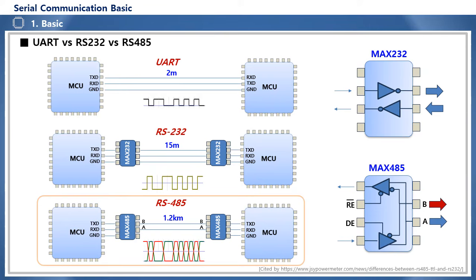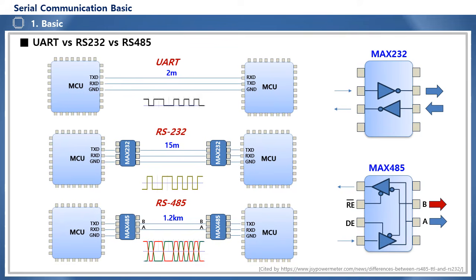Therefore, the structure is to convert the TTL signal from the MCU into inverted and non-inverted signals with a 485 transceiver IC such as MAX485 and transmit them through 2 communication lines A and B. By adopting this differential signal transmission and reception method, a communication distance of up to 1.2 kilometers can be secured.